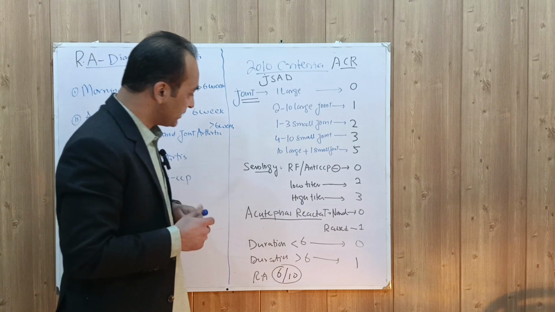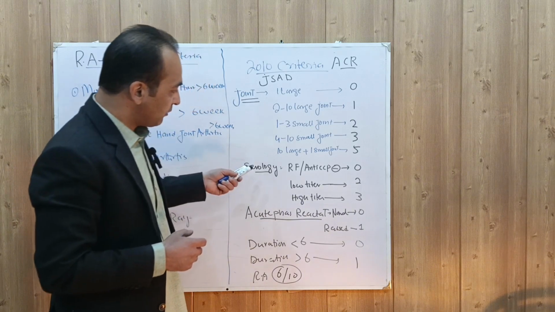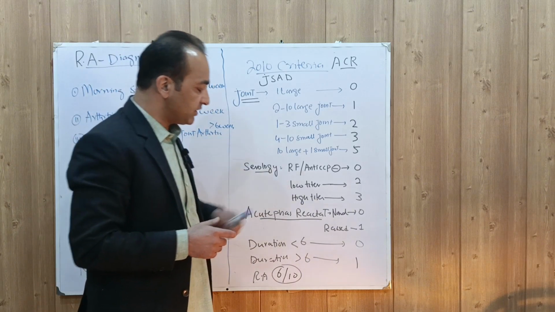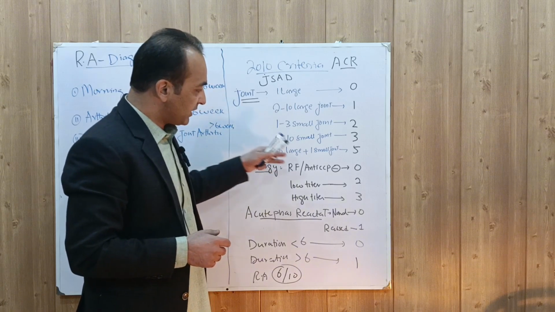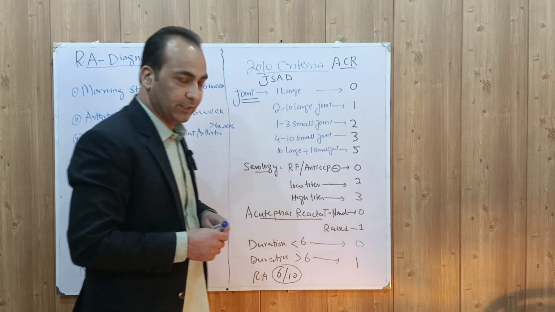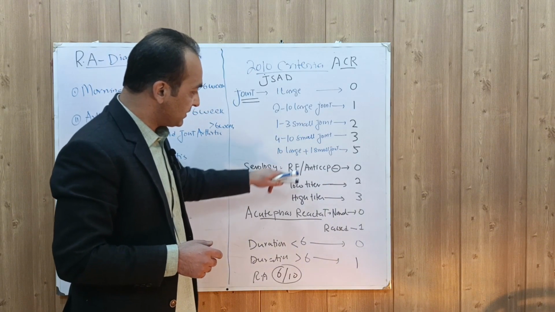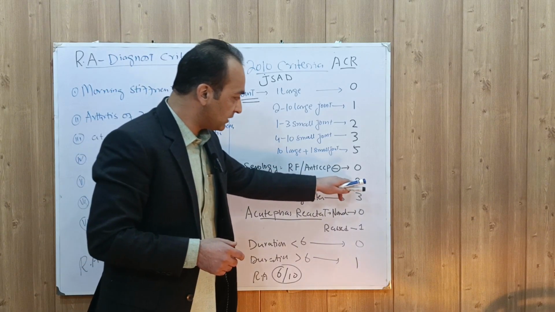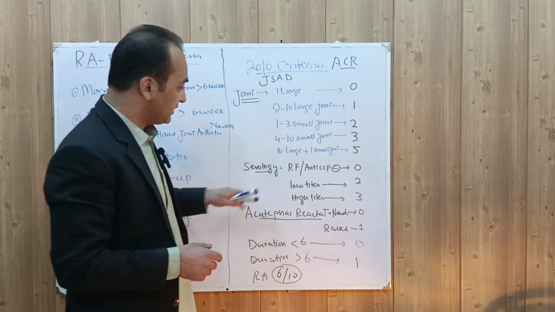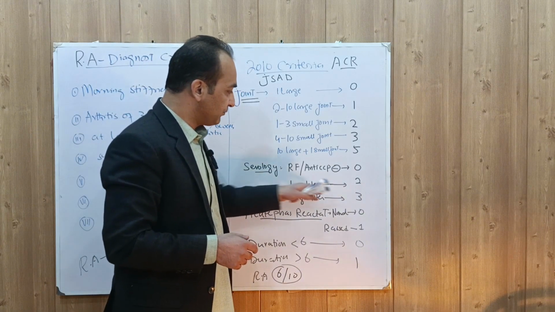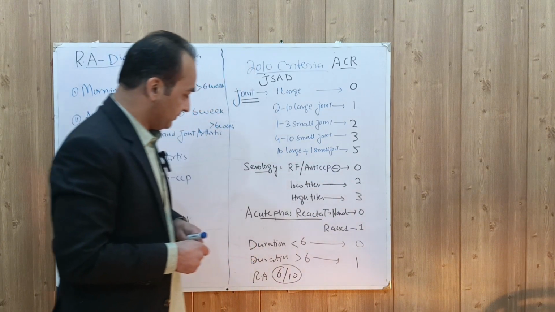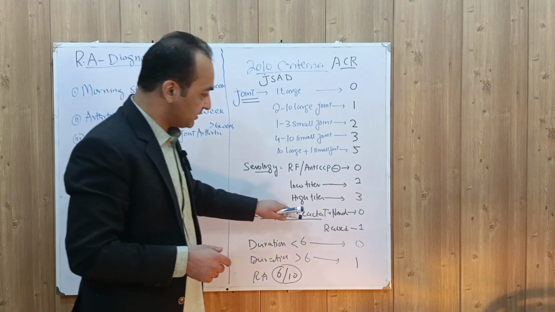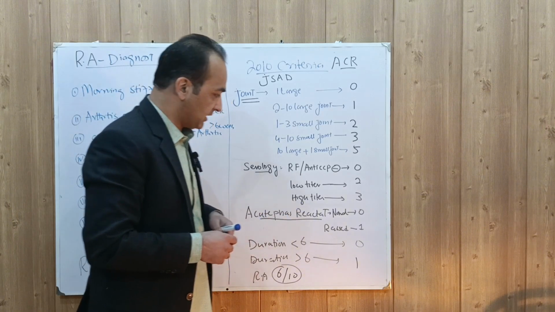The second component is the serology. Serology means the rheumatoid factor and anti-CCP. If these are negative, it has 0 points. If these are present in low titer, low quantity, it has 2 points. And if these are present in high titer, it has 3 points. Acute phase reactants, that is CRP and ESR.